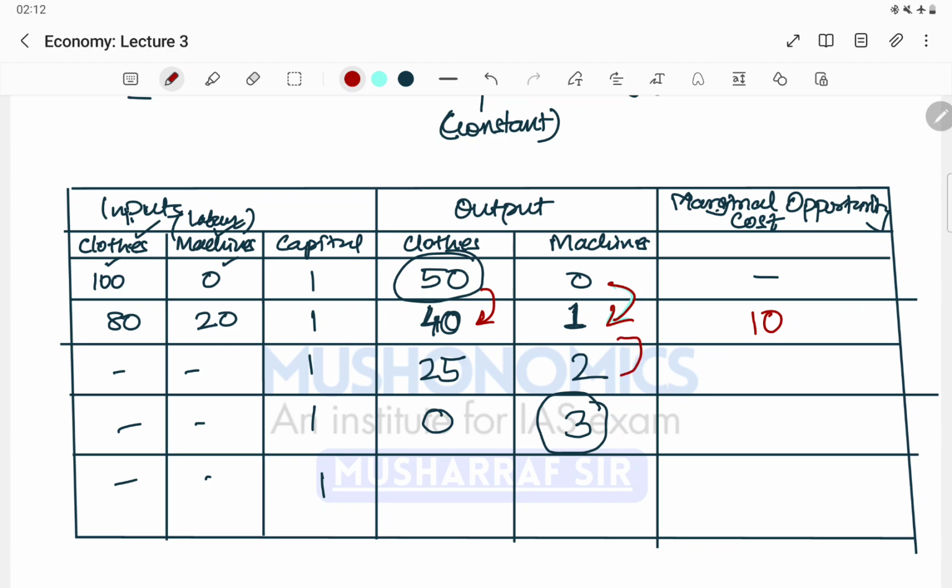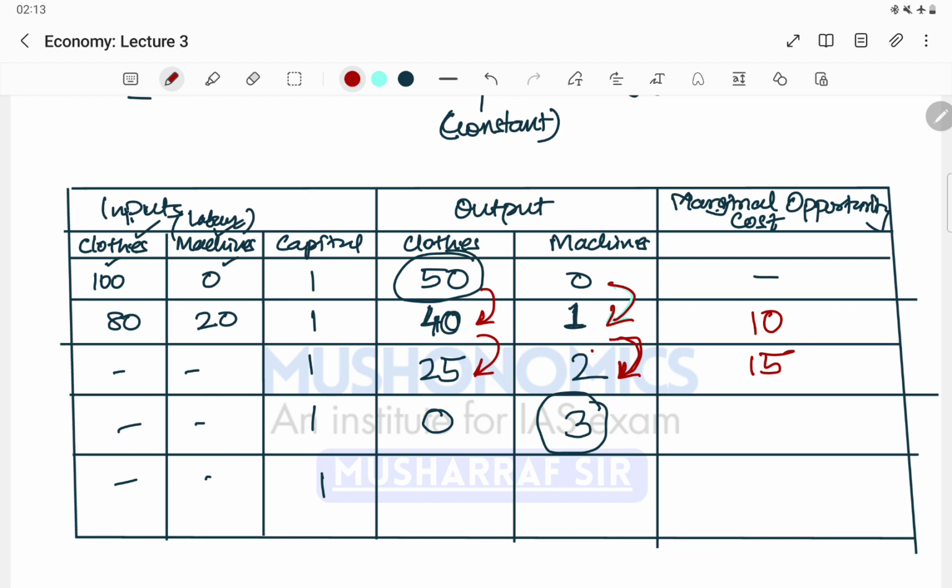Now to produce 1 more unit of machine, what have we sacrificed? We have sacrificed 15 units of clothes. That 15 is our marginal opportunity cost. If we are not producing this extra unit, then we are adding 15 more clothes in our output. But when we are producing 1 extra unit of machine, we are sacrificing this 15 clothes.